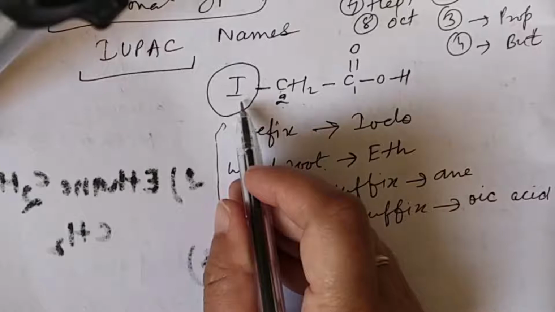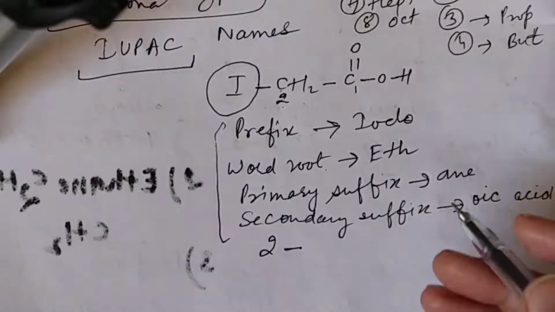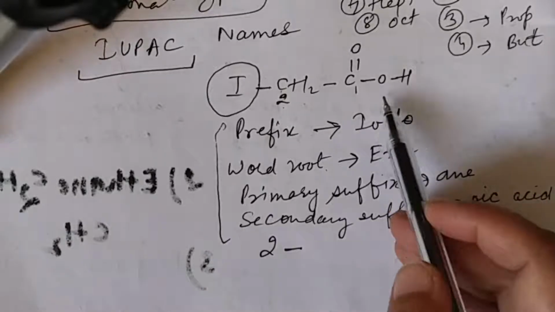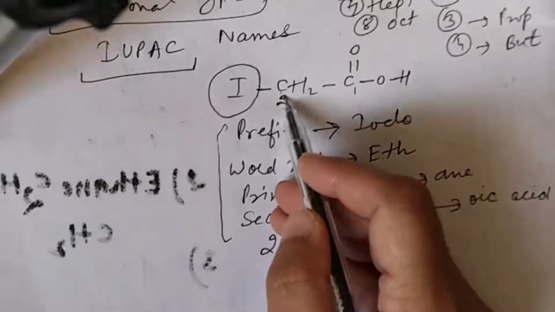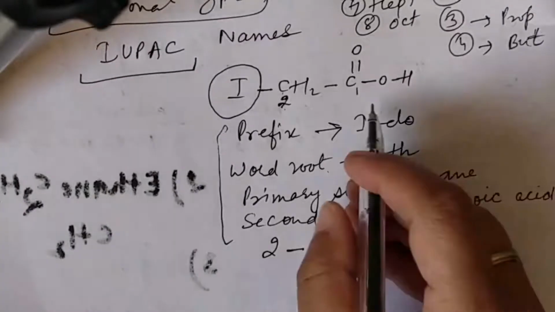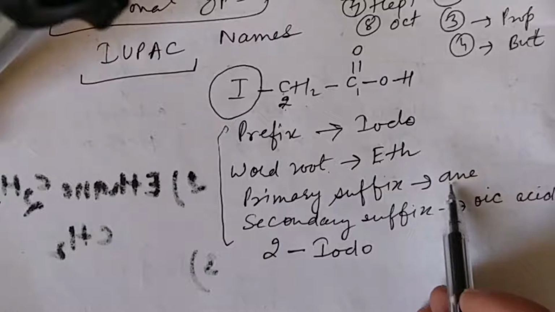What you have to see here are the rules to be considered for writing the IUPAC name of the compound. So this will be 2-iodo, and now write ethanoic acid. Combine them all.